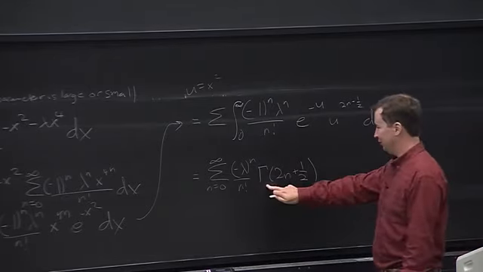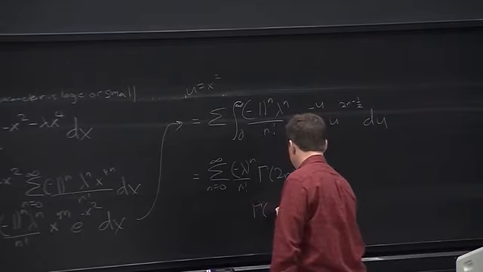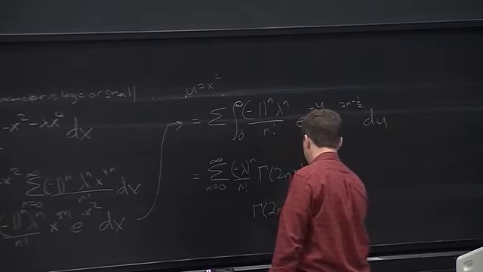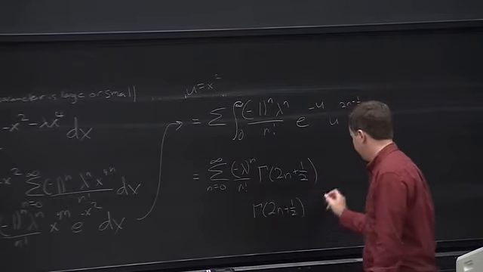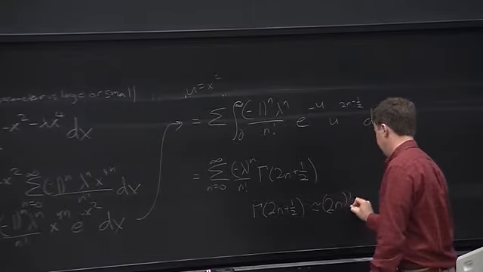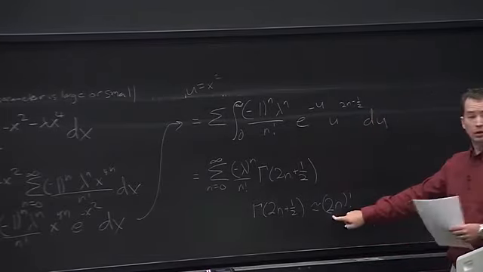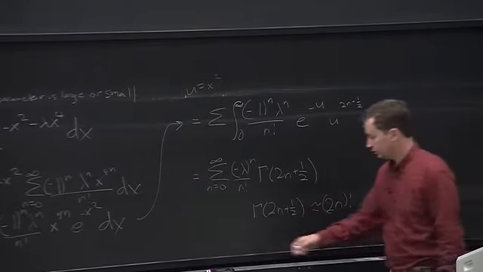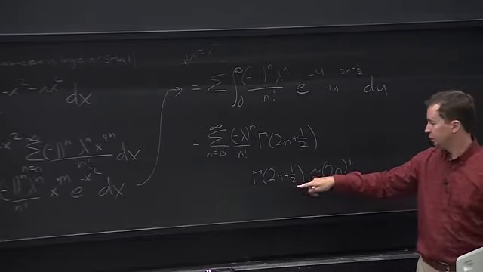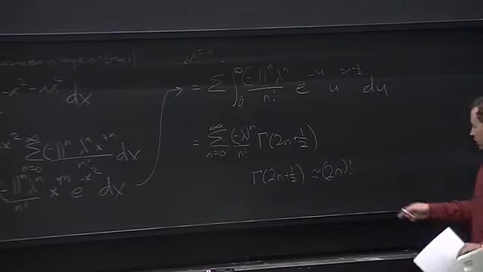So we know that gamma of 2n plus a half, for n large, is approximately 2n factorial, so for n large, we'll forget about the difference between a half and 1.